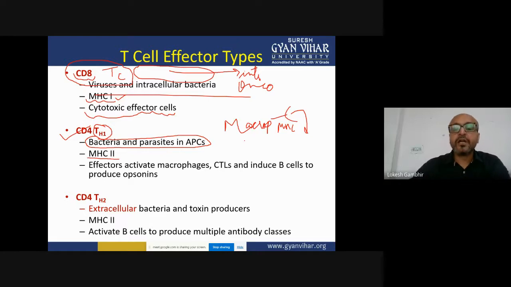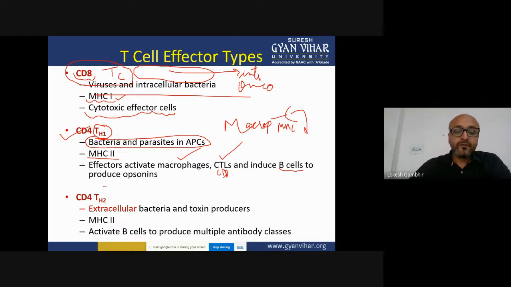And what they do, they will activate all the macrophages. They will activate the cytotoxic T lymphocytes. So Th1 response involves the activation of macrophages to phagocytose the antigen. They will activate the CD8 positive CTLs, the CD8 positive Tc cells, and also they will induce the B cells. They will activate the humoral response also.